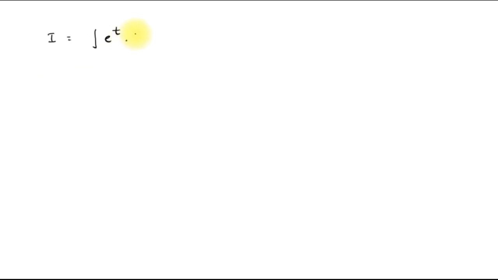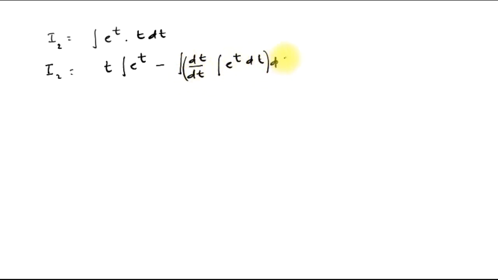Again here we apply integration by parts, and I2 can be written as t into integration of e to the power t, minus integration of the differentiation of t with respect to t into the integration of e to the power t dt, whole integration, right? So I2 is equal to t into e to the power t minus integration of e to the power t dt, since the differentiation of t is 1.